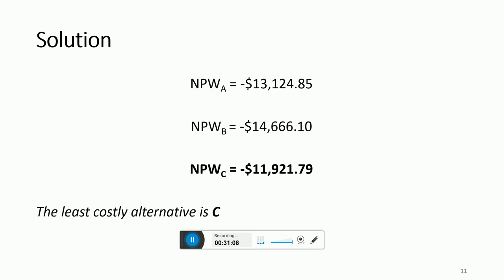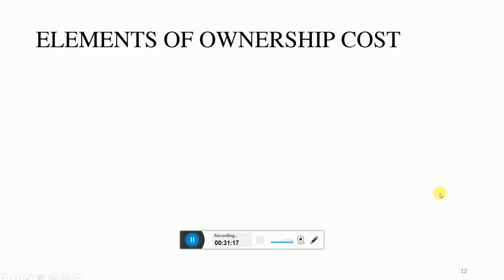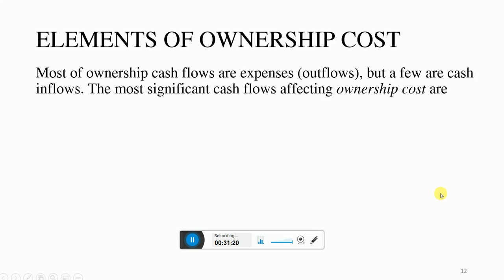Now we will discuss different elements of the ownership cost. Most of the ownership cash flows are expenses, but a few are also cash inflows. One of the most significant cash flows affecting ownership cost are purchase expenses, salvage value, which we can say is a cash inflow.